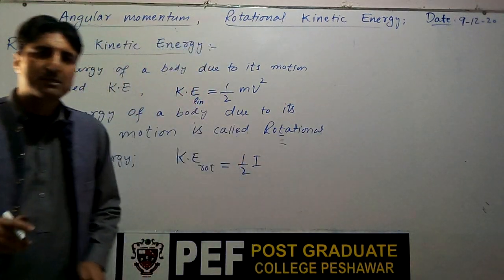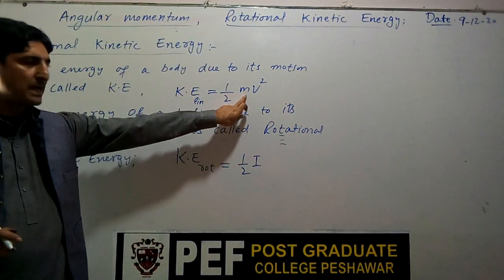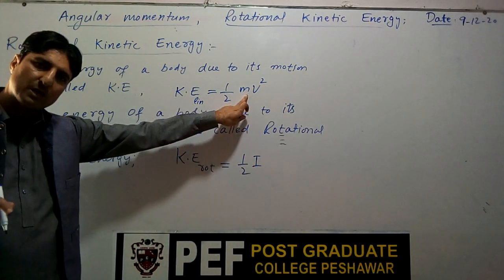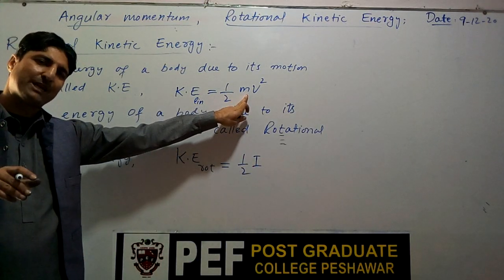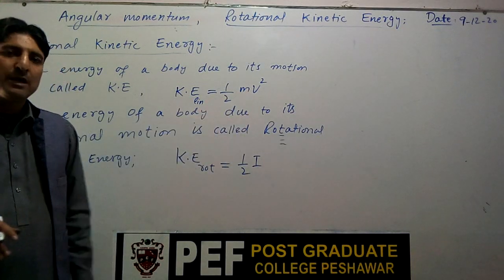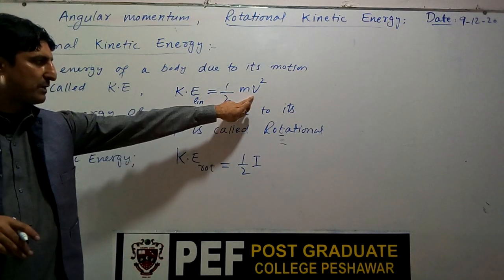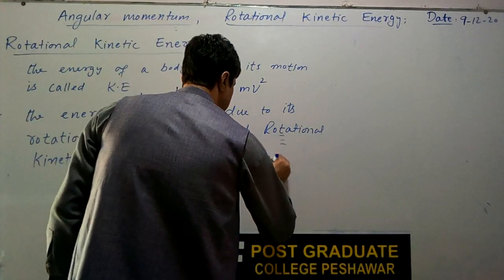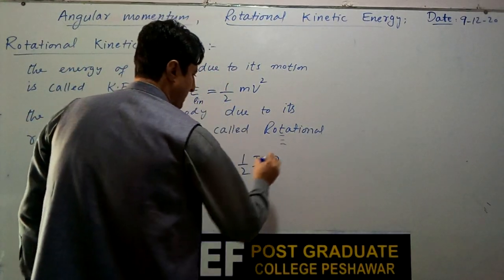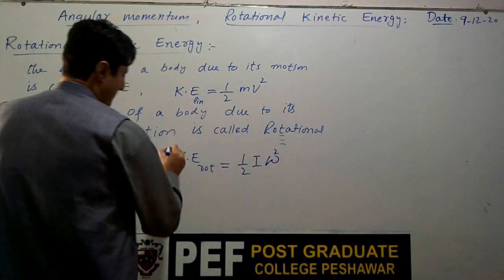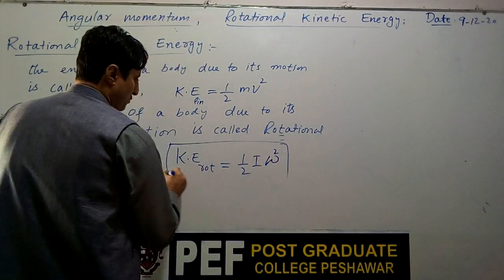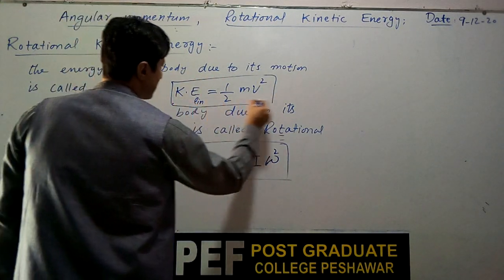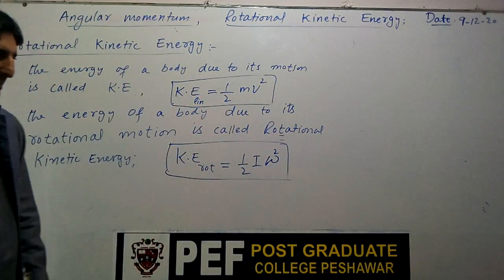Remember, in the previous lecture we have studied that moment of inertia plays the same role in angular motion as mass plays in linear motion. Similarly, velocity here is linear velocity, so we can replace it by angular velocity, omega square, for rotational kinetic energy. This is the formula for rotational kinetic energy, and this one is for linear or translational kinetic energy.